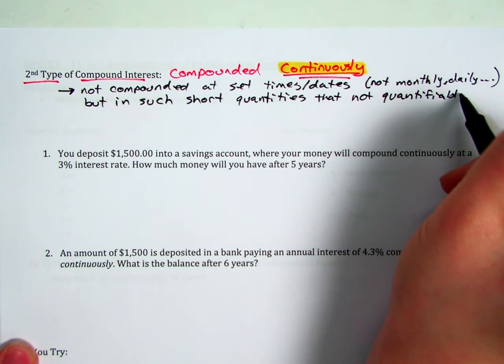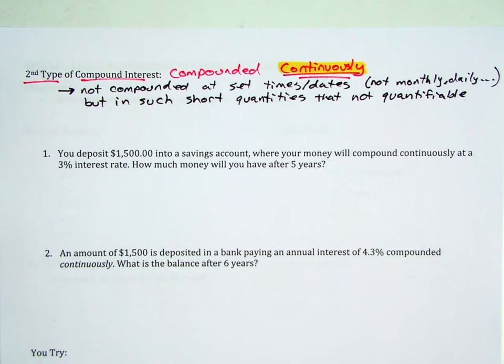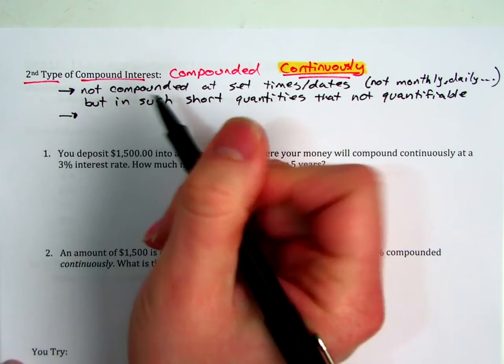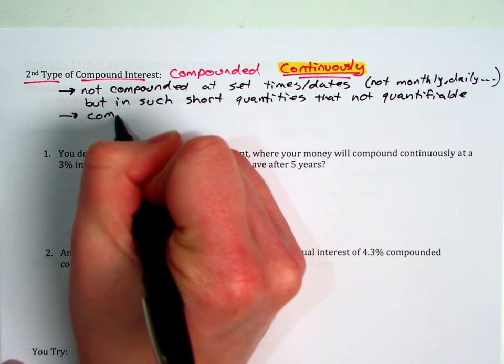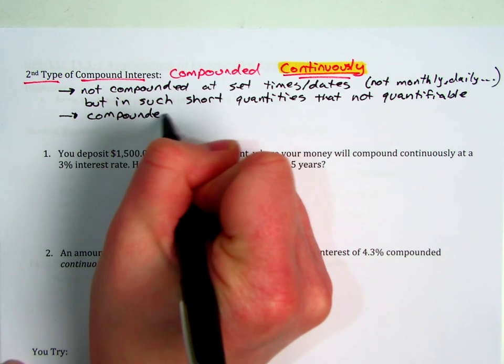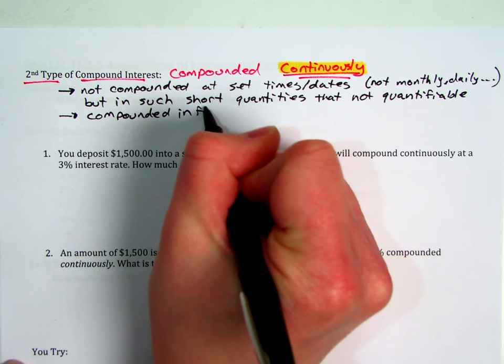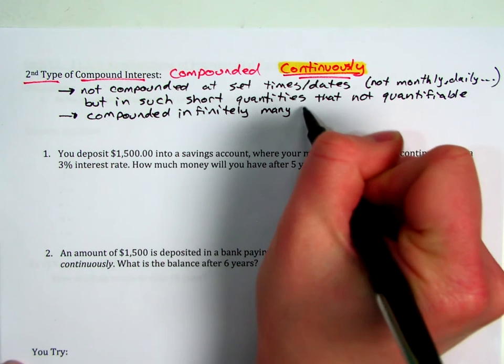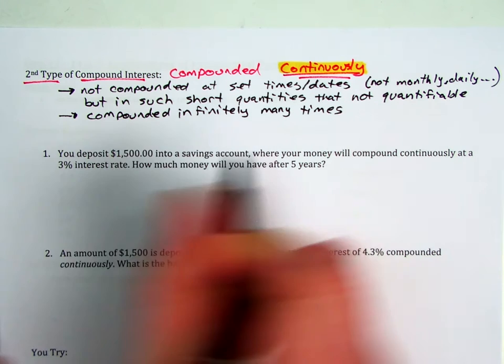So there's not really a way to say it's compounded a bajillion times a year, because it's not based on seconds or minutes or whatever. It's just continuously compounded. What that really means is it's compounded an infinite amount of times.